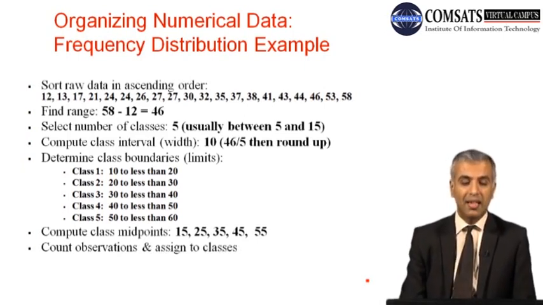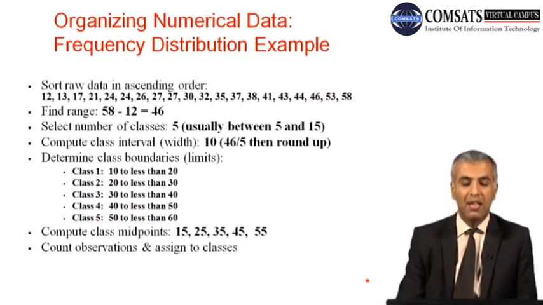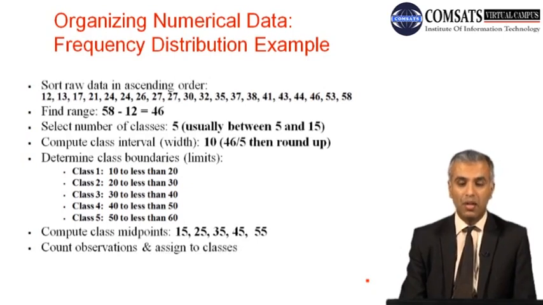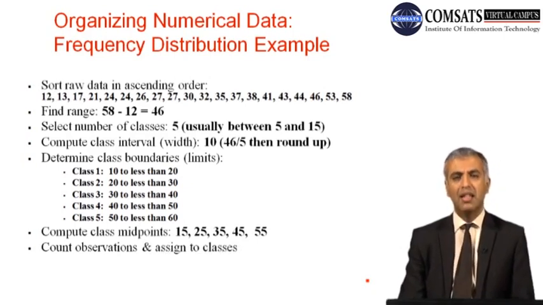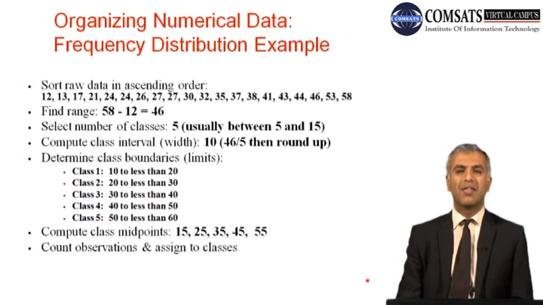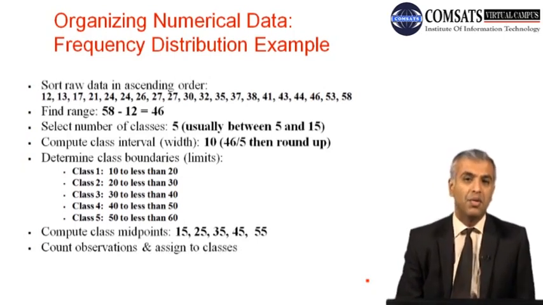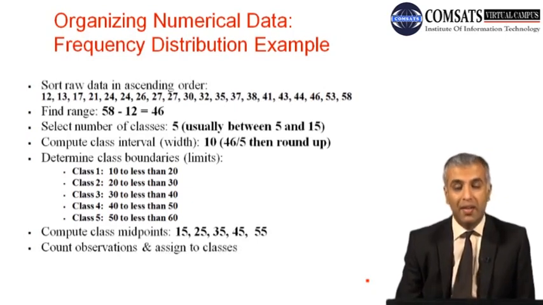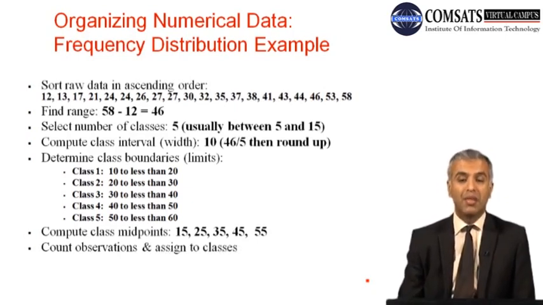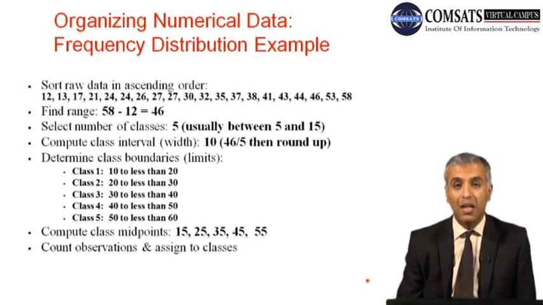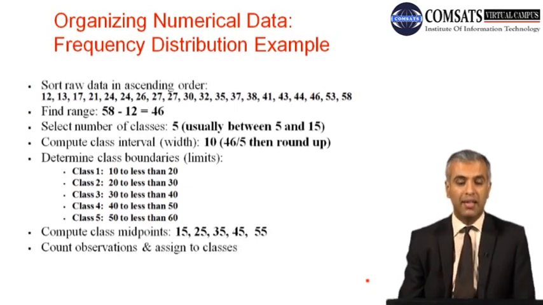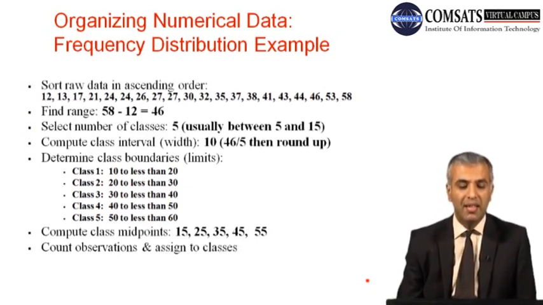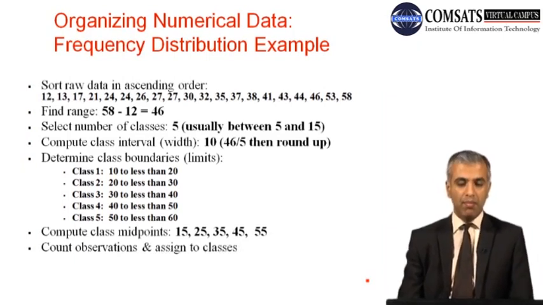Once sorted, we can see the whole range and distribution, and to some extent identify the unusual, abnormal high or low values. Now, to find the range, we subtract the lowest value from the highest value in the data, which in this case is 58 minus 12, which is 46.